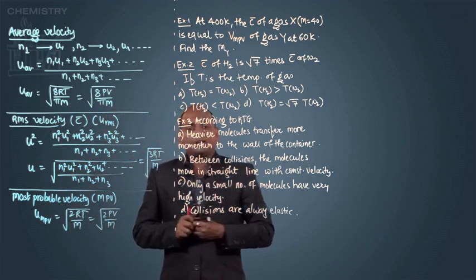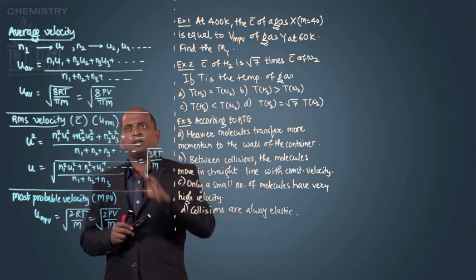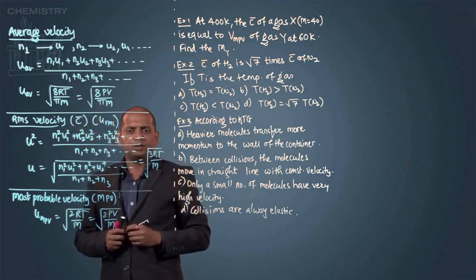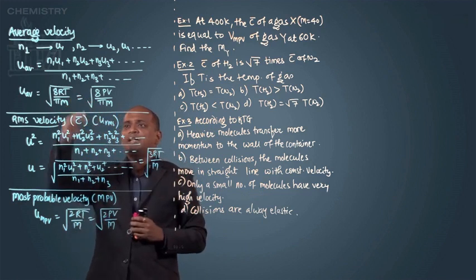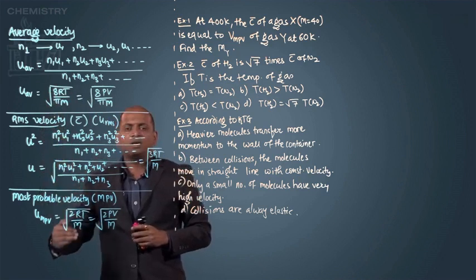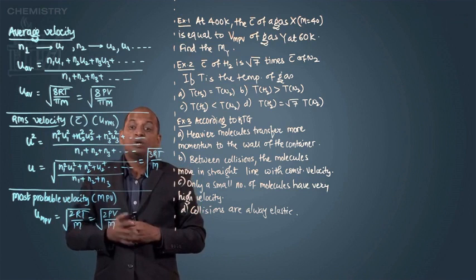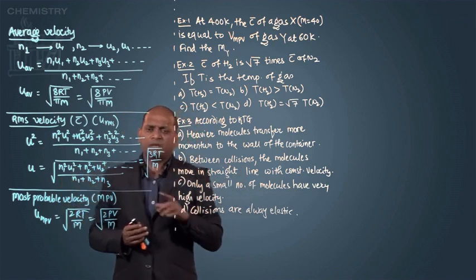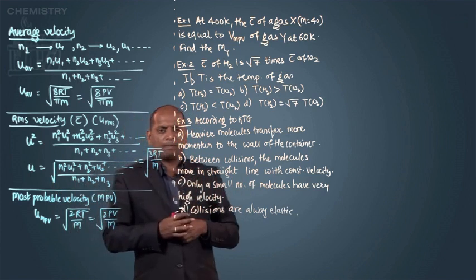Okay. Now if I consider 298 Kelvin, I will be getting a particular value. So we can get the relation between average velocity, RMS velocity and most probable velocity. No need to remember those values, because in many books they have already been calculated.